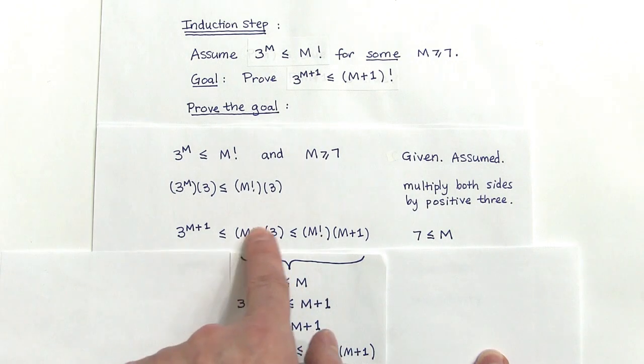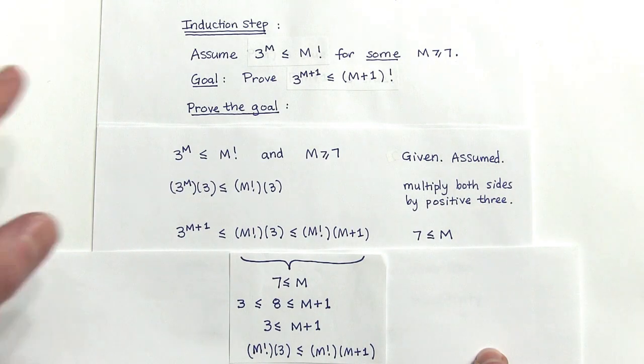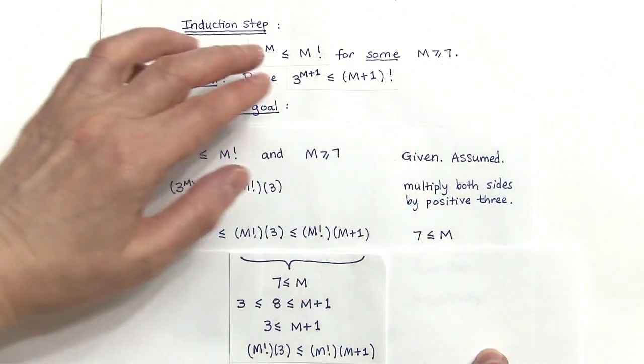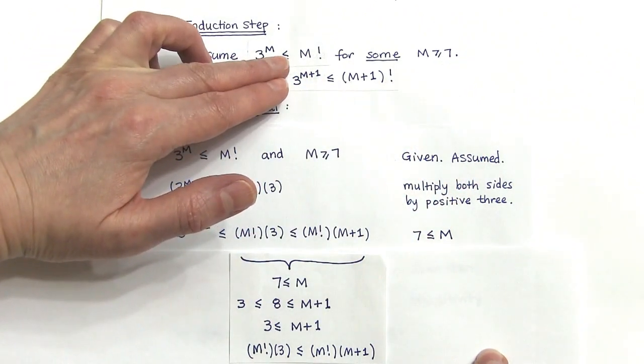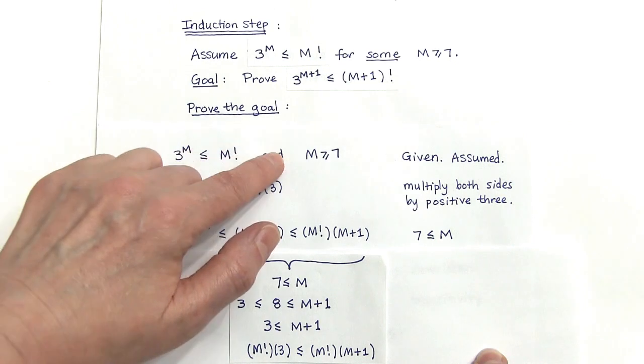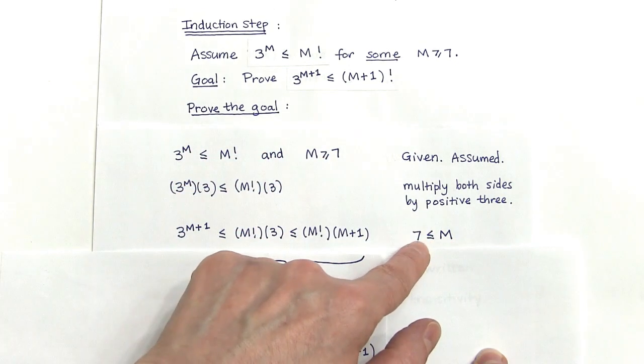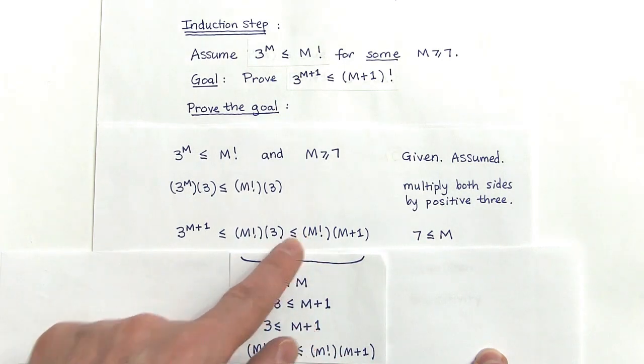And that establishes this inequality here, which was my goal. You see in this induction step how I had to use everything that I assumed in my induction hypothesis. I had to use this fact, that 3 to the m is less than or equal to m factorial, and I had to use the fact that m is greater than or equal to 7 in order to accomplish this step.